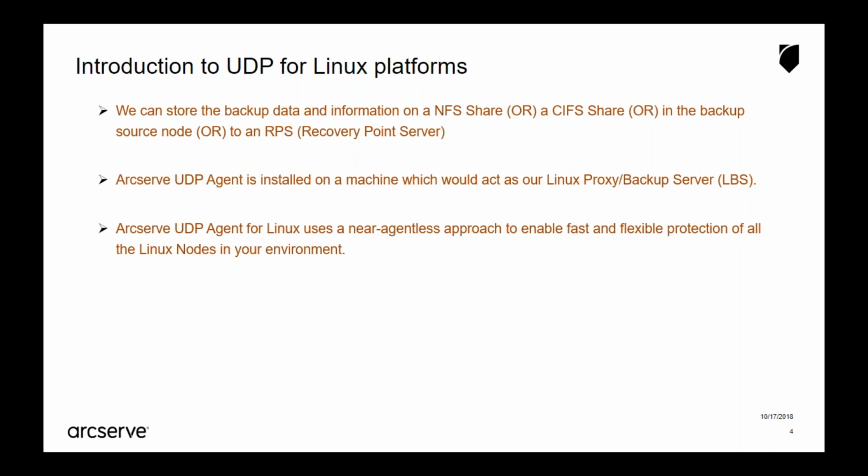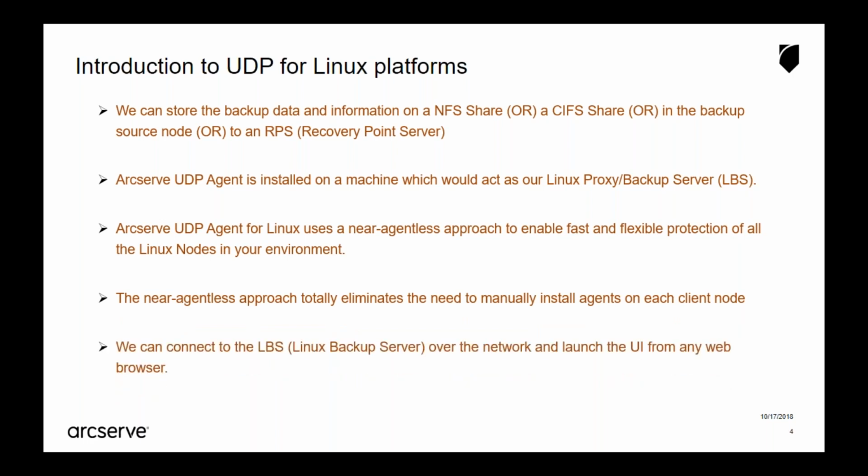If we just install the Arcserve agent on the Linux backup server, that would suffice, and the approach would be a near agentless approach, which is a fast and very reliable way of protecting all the Linux nodes in the environment. This near agentless approach eliminates the need for manually installing the agents on each of the client nodes.